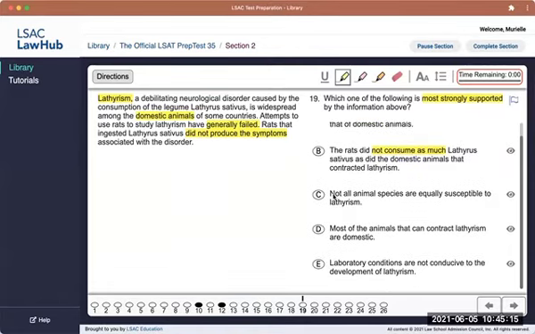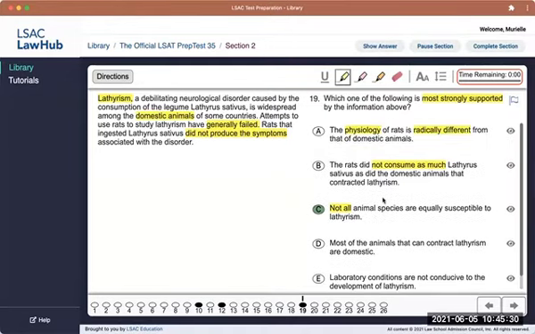C: not all animal species are equally susceptible to Lathyrism. That one actually seems more likely, right? Not all are equally susceptible would make sense. Just because the rats ate it didn't mean that they ended up getting it, and so using rats to study it isn't really working because they're a different species from domestic animals.